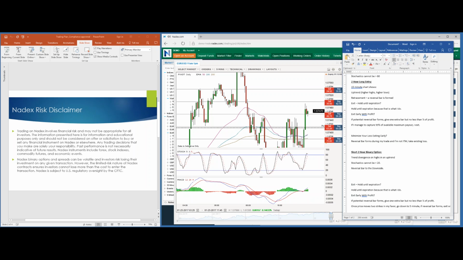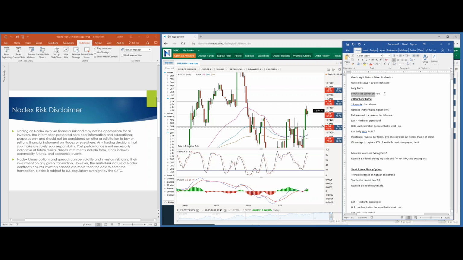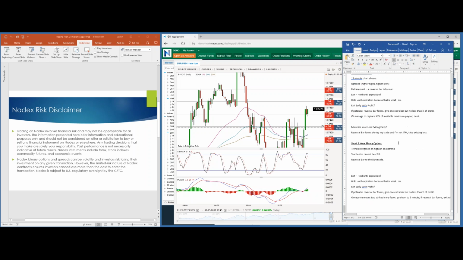Well, number one, right here, it says stochastics cannot be greater than 80. You're greater than 80. There is no long position. So we can potentially do a short. We have an overextended stochastics.